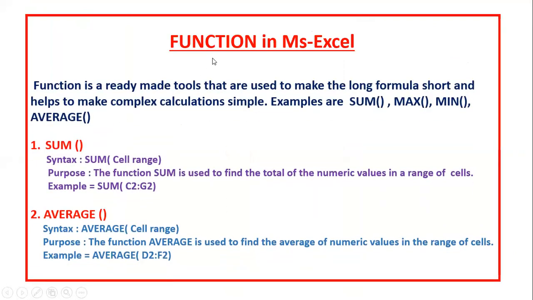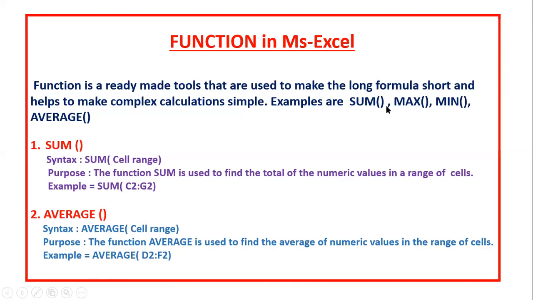Okay, function. What is called function? You can say a function is a ready-made tool that is used to make a long formula short, and it is provided by MS Excel, and it helps to make complex calculations simple.